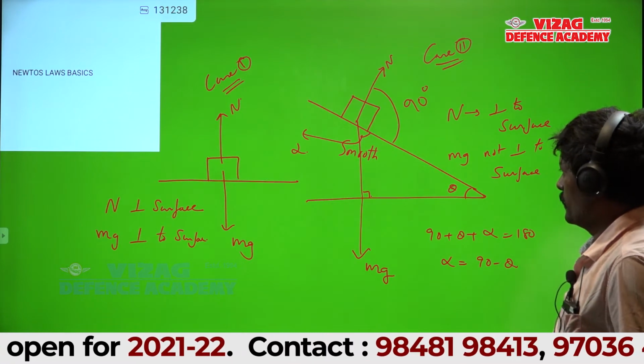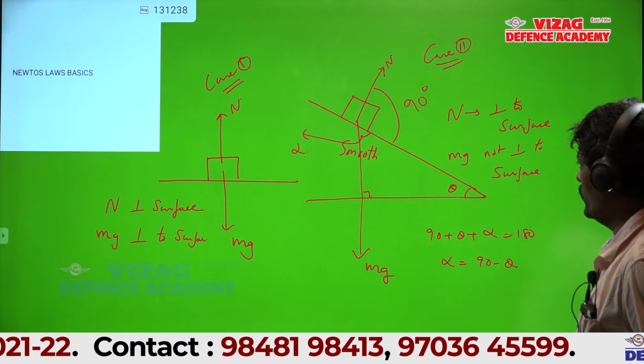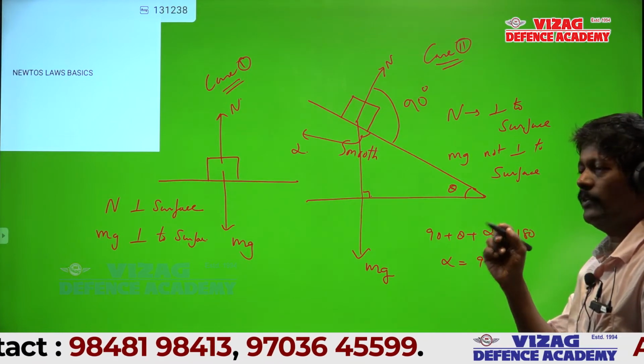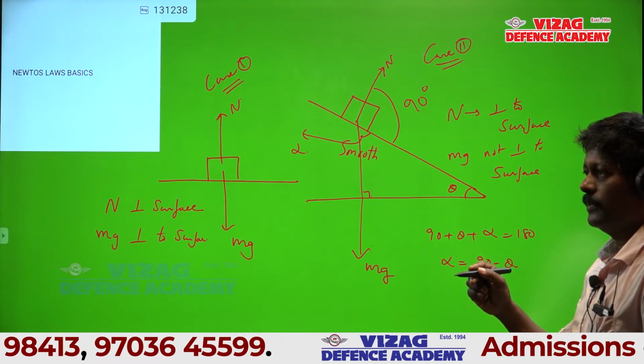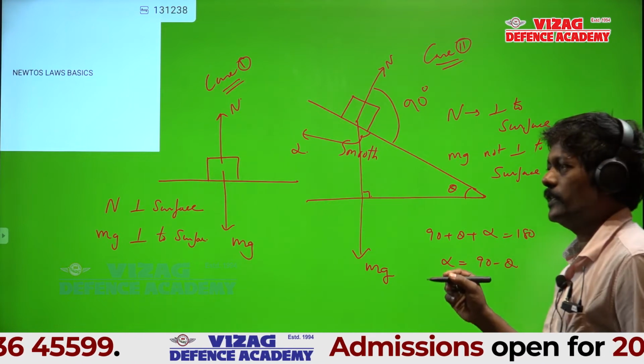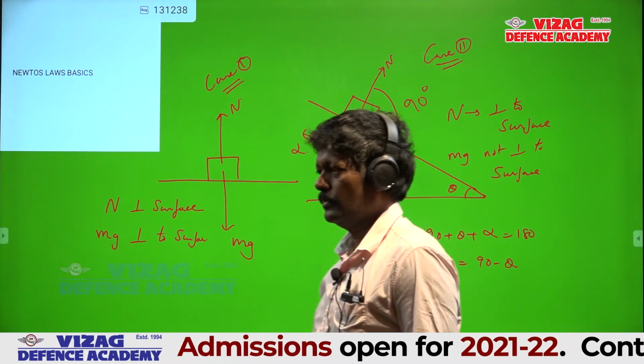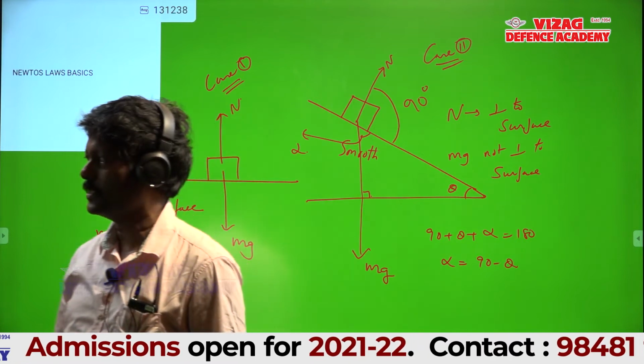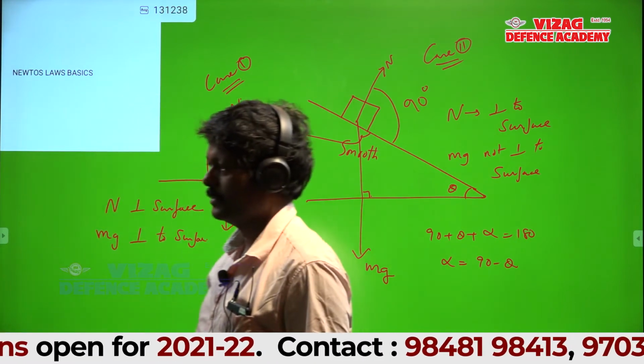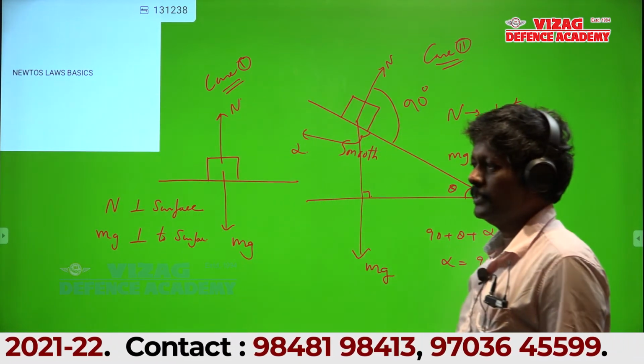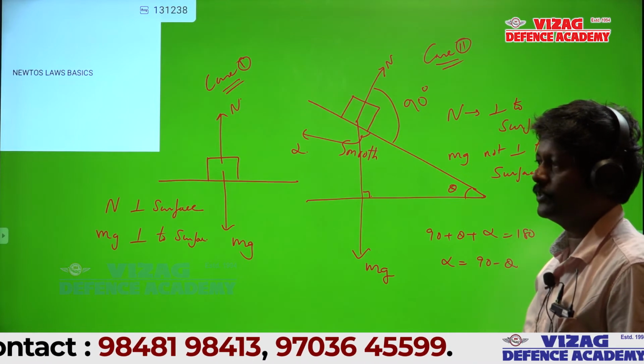Okay. So these two diagrams show that, have you noted that point? I am repeating again. Normal reaction is always perpendicular to surface. Normal reaction is always perpendicular to surface. But mg means weight of the body.